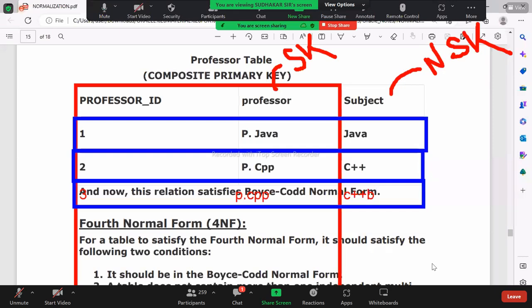You don't have any problem? This is professor ID 3, this is Professor C++. Professor C++ is teaching the C++ subject. If I insert this row into this table, will this row of data be allowed or not allowed? Allowed.